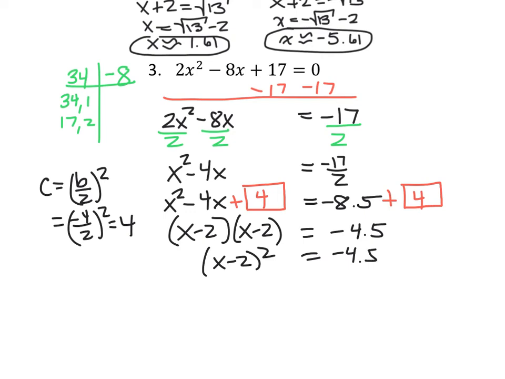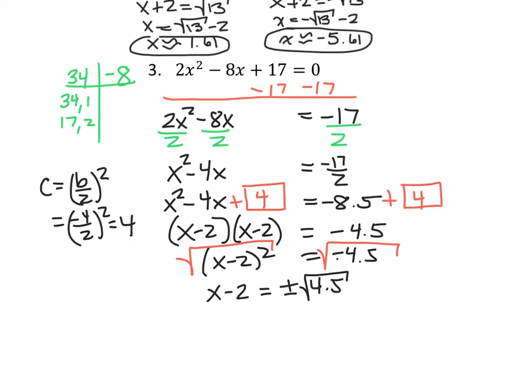And so when you see that we are ultimately going to be taking the square root here, undo a square with a square root, and you see we're taking a square root of a negative number, then immediately we have to think, okay, we're going to have imaginary or complex solutions. So square root of a perfect square, we just end up with the x minus 2 coming out. Over here, we're going to have the positive and negative square root of 4.5.